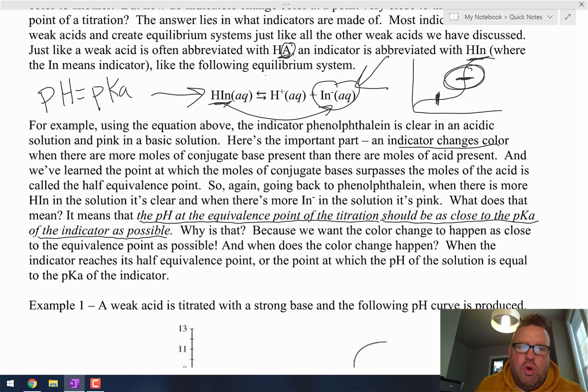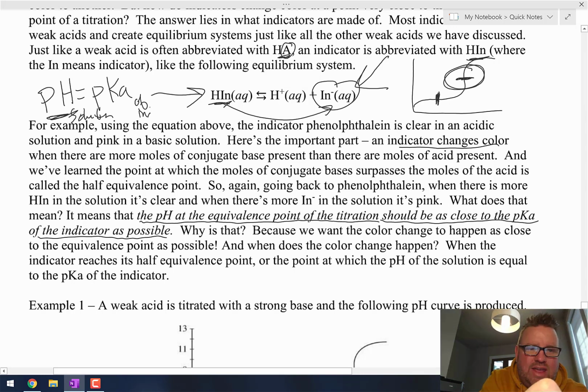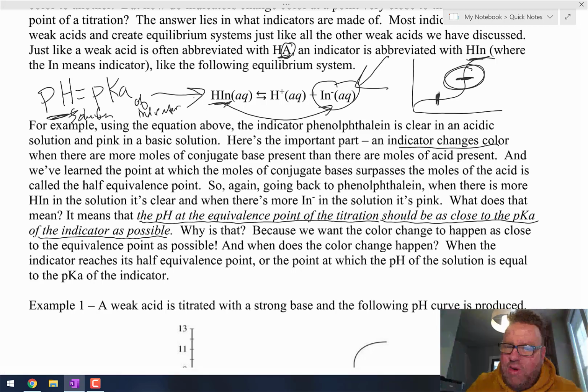So we want the pH of the solution to be as close to the pKa of the indicator, because remember, the pKa of the indicator at the half equivalence point is equal to the pH. Remember, at the half equivalence point, the pH equals the pKa.